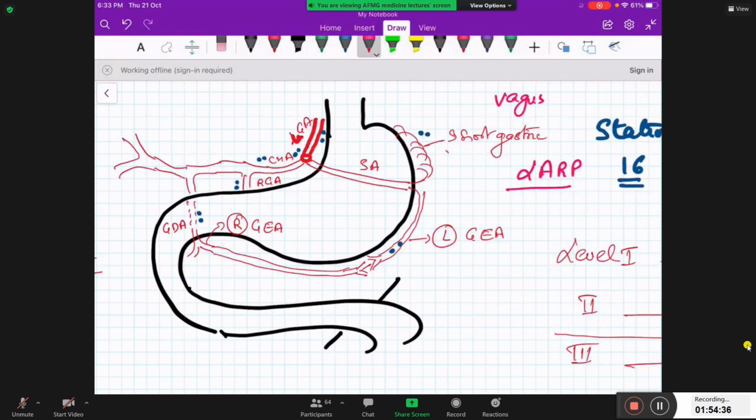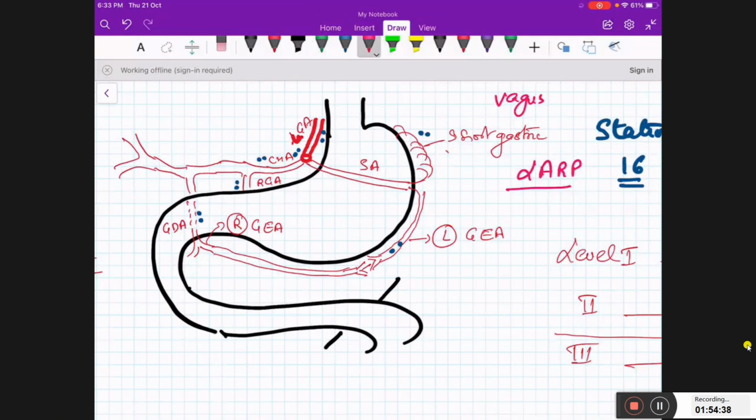LARP is left anterior, right posterior. Left or anterior vagus nerve is one and the same thing. Right or posterior vagus nerve is one and the same thing.